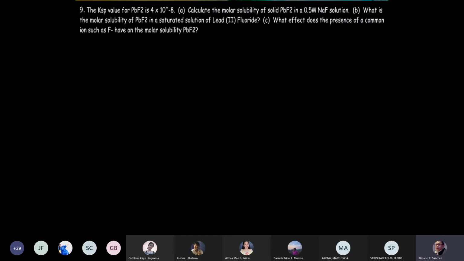Now let's focus on solving common ion effect problems. In this problem, we're given a Ksp value for lead 2 fluoride. It's 4 times 10 to the negative 8. And our goal is to calculate the molar solubility of solid PbF2 in a solution of sodium fluoride. So first, let's write the dissolution reaction for lead fluoride.